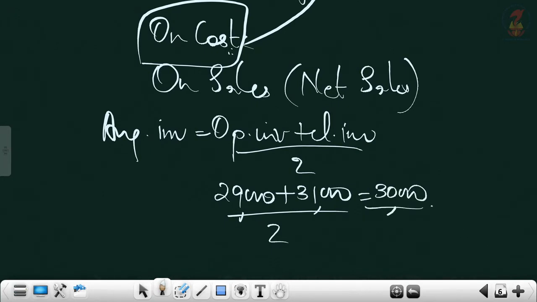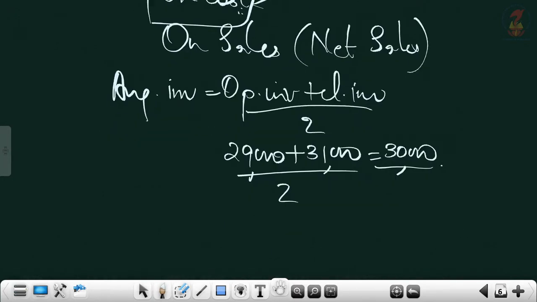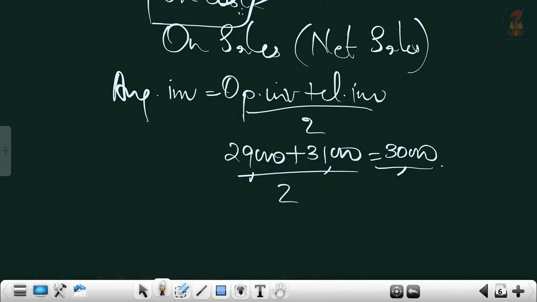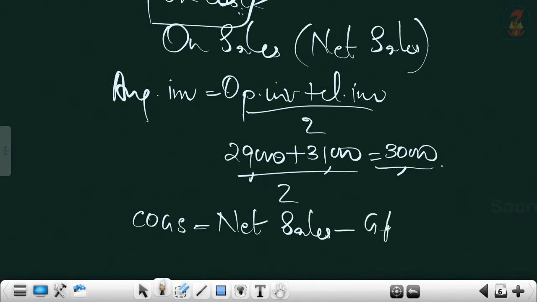So we got average inventory. We need cost of goods sold. For that, what is given? We have net sales and gross profit. So directly you can apply the formula. You must be thorough with this cost of goods sold formula. We have two formulas for this. Here we can apply net sales minus gross profit.